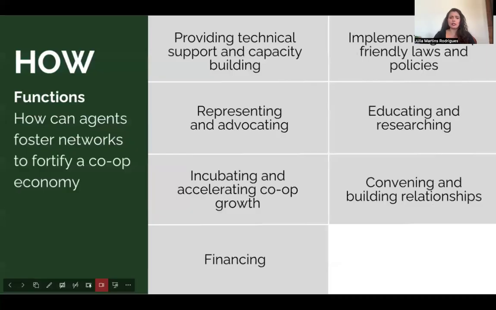It's important to note that we don't assign specific functions to particular agents. This flexibility allows the system to adapt with different combinations of roles depending on the context. And regardless of who takes on these tasks, they are all essential for maintaining a healthy ecosystem.